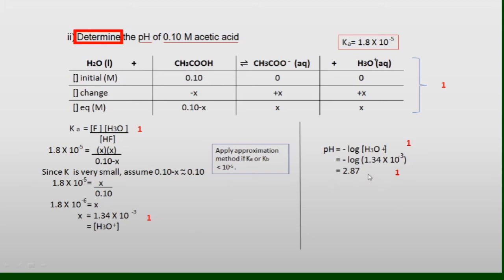So for the marks, we will get 1 from the ICE table, 1 when we use the formula of concentration of acid, and another one when we get the value of X, and then the second last we get when we use the formula of pH, and lastly when we get the value of pH.